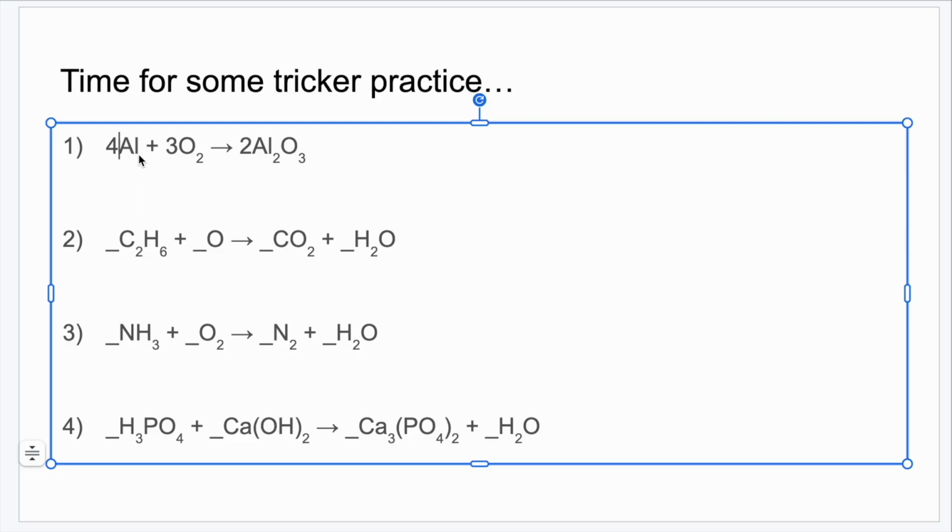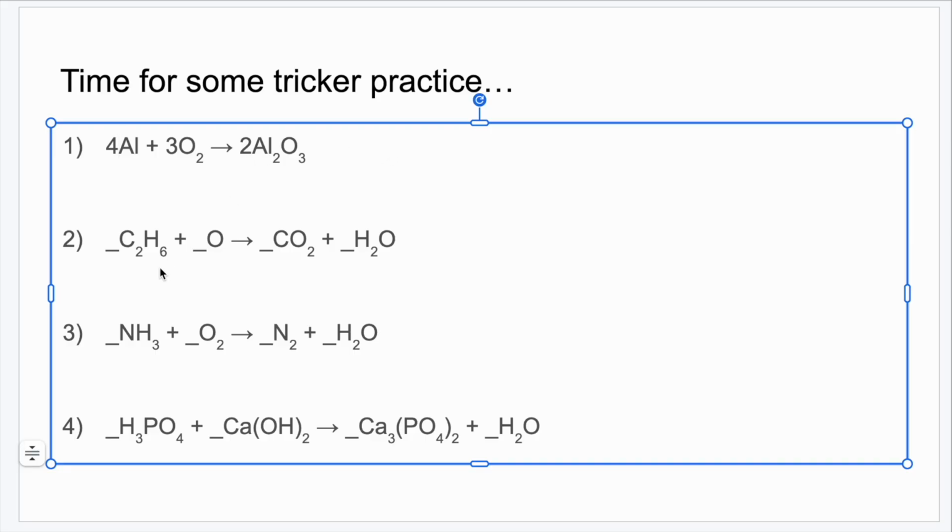So 4 aluminum on the reactant side, yes. 4 on the product side, yeah. Oxygen, 6 oxygen atoms on the reactant side, and then 3 times 2, 6 on the product side. And then I also want to make sure that it's fully simplified. So do 4, 3, and 2 have any sort of common denominator?